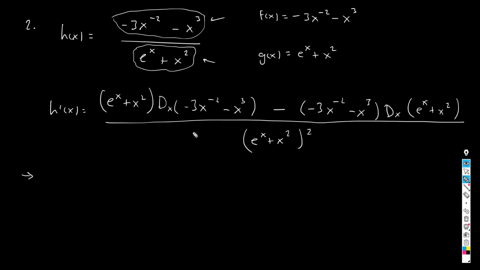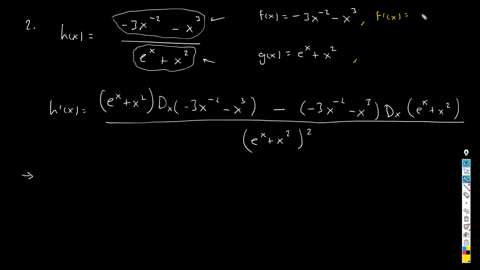Okay, now all I need to do next is calculate the derivative of this function, which is f, as you can see, and the derivative of this function, which is g. So I need f prime of x and g prime of x. I'm gonna do that in yellow over here. So f prime of x. One more time, I'm gonna do it directly. I'm not gonna explain every single thing here.